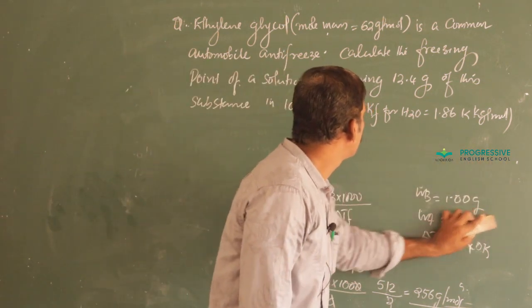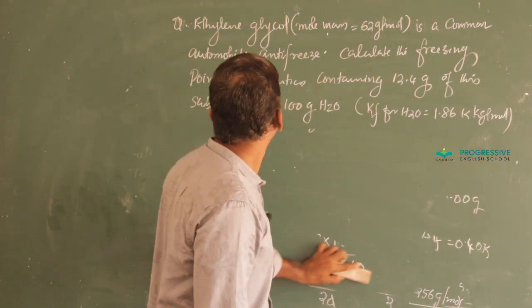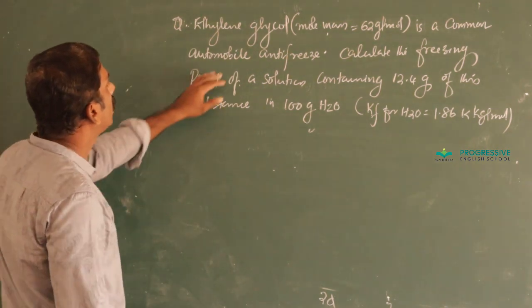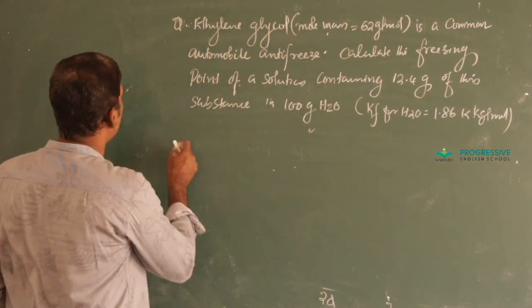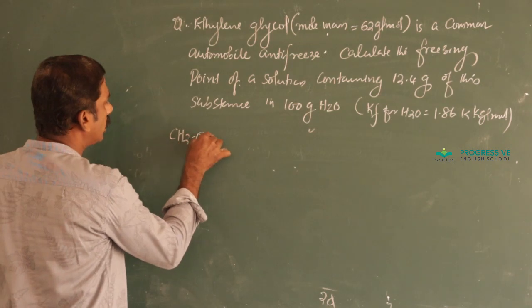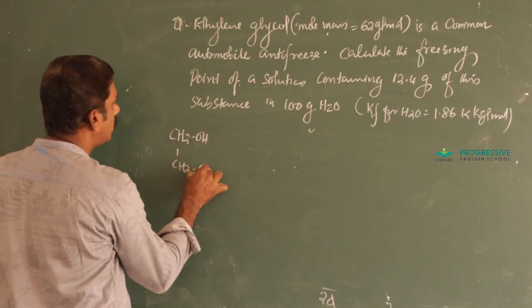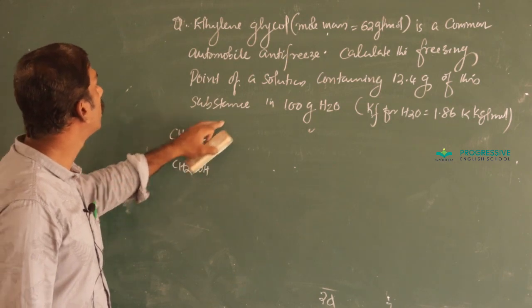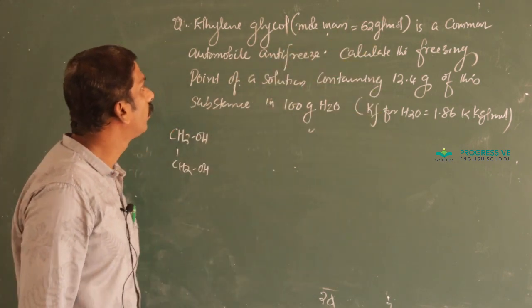Okay, then here also you can use the same relation. Ethylene glycol, ethane 1,2-diol, CH2OH is the molecular formula of ethylene glycol. There is no need to calculate it here because the molecular mass is directly given.